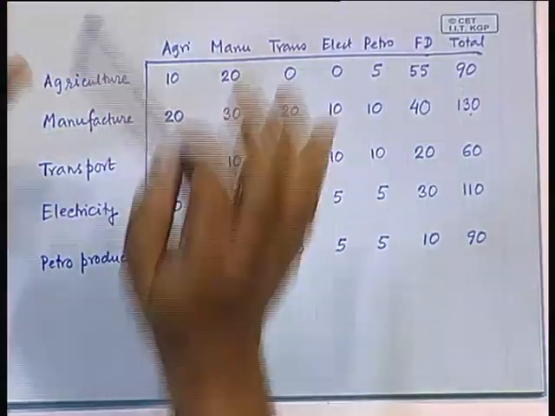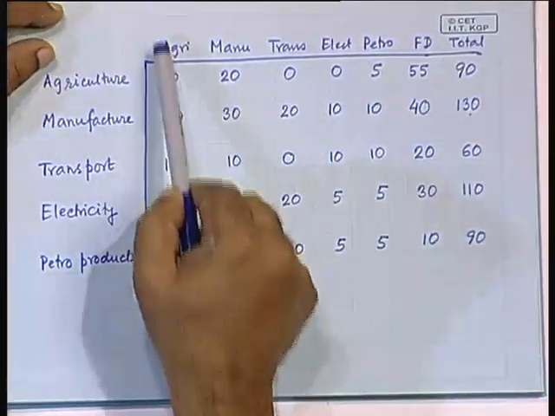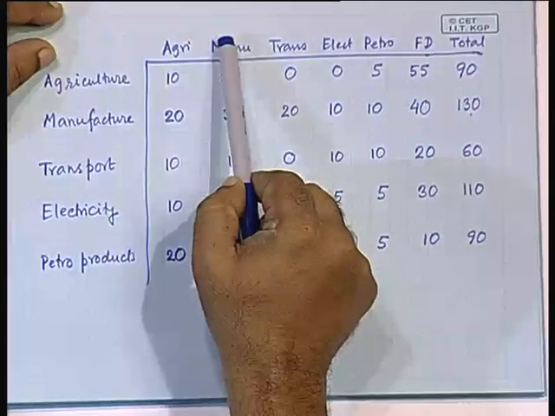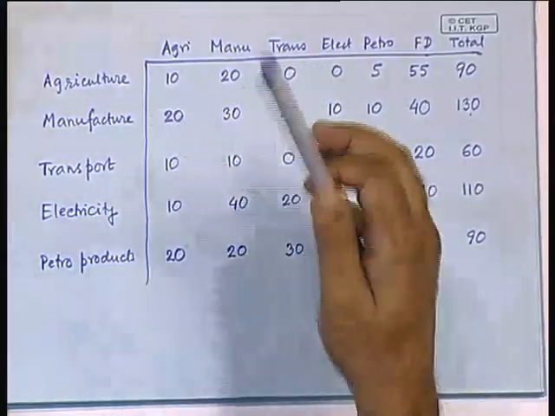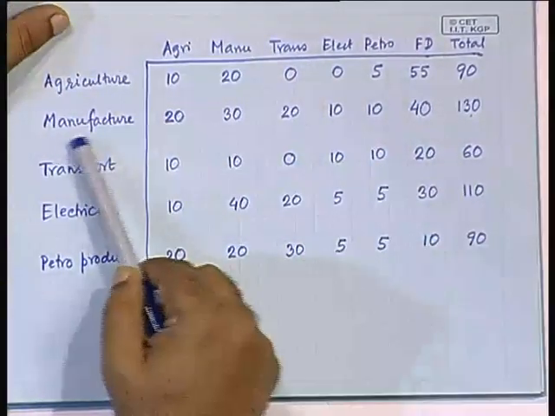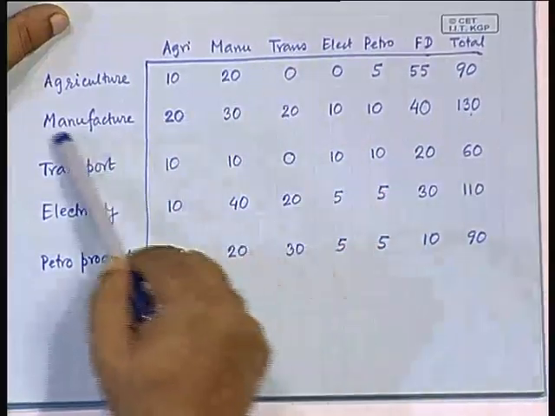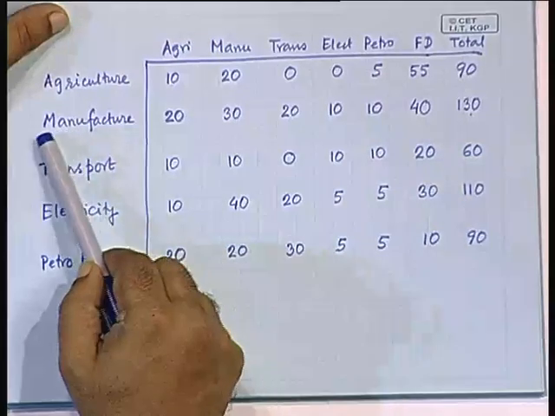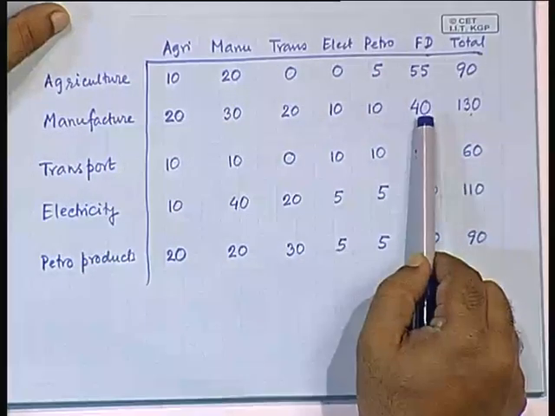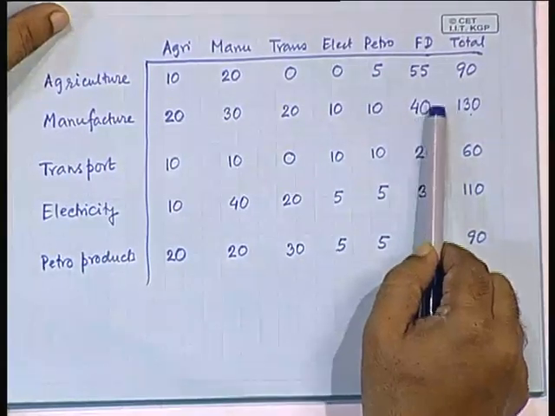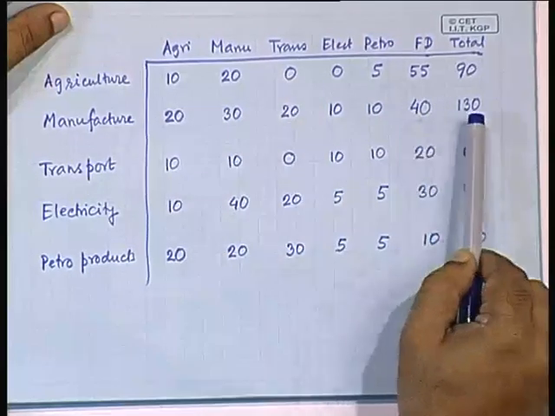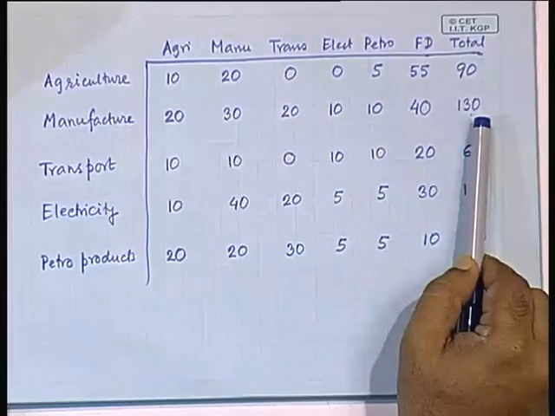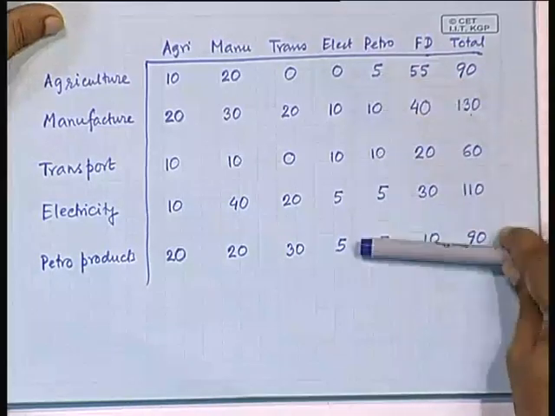That means everything is multiplied by a million factor, whatever it is, 20 units worth goes to agriculture, 30 units go to manufacture. That means manufacturing product consumed within the manufacturing industry, manufacture to transport, manufacture to electricity, manufacture to petroleum products, and finally manufactured products that the users finally consume, 40. These added up give the total, which is 130. Similarly, you constructed the whole thing.